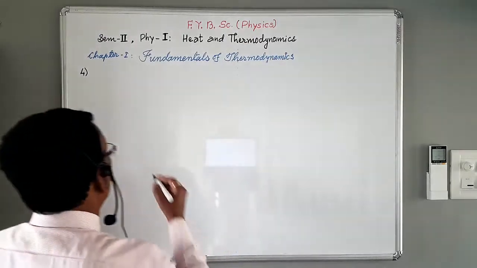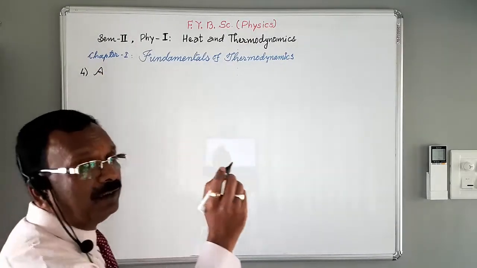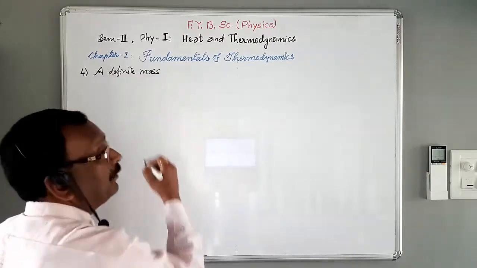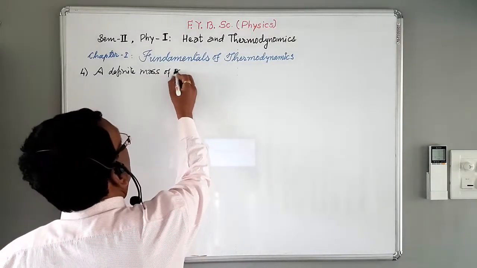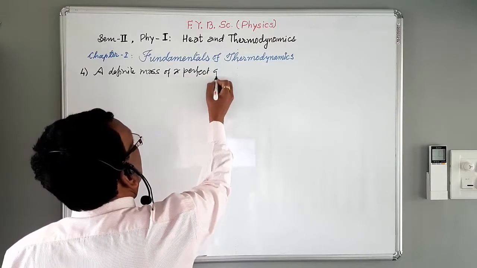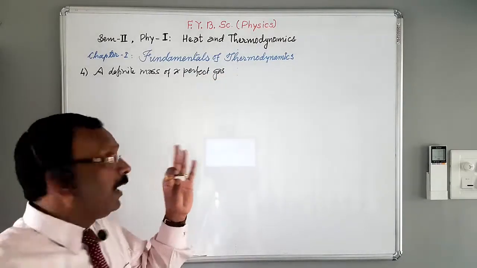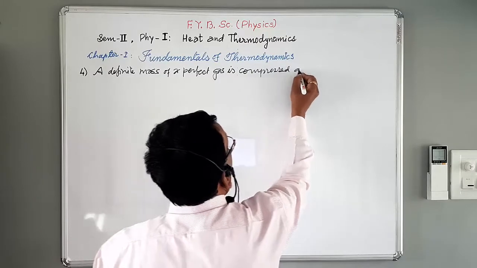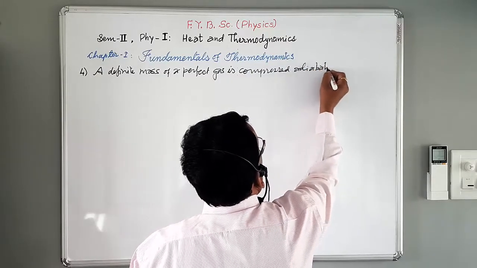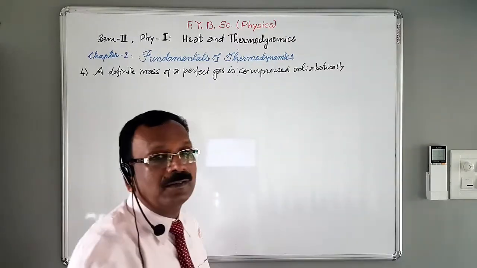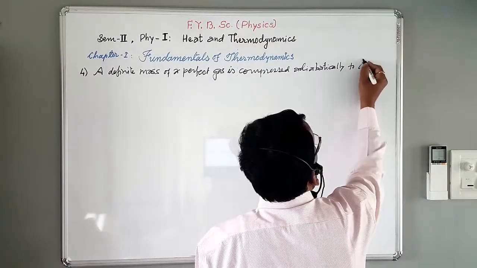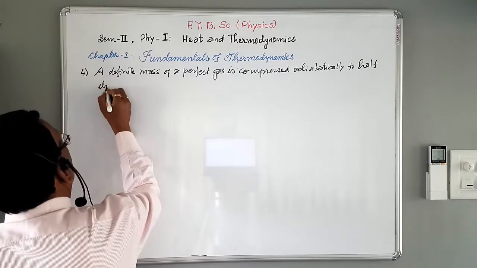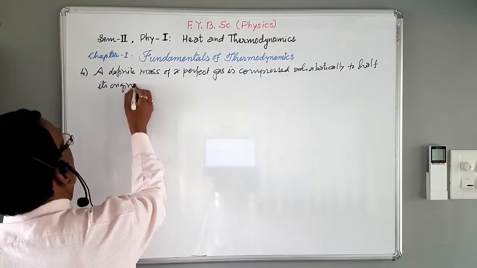Okay. What is the problem? A definite mass of a perfect gas, and this gas is compressed adiabatically to half its original or initial volume.